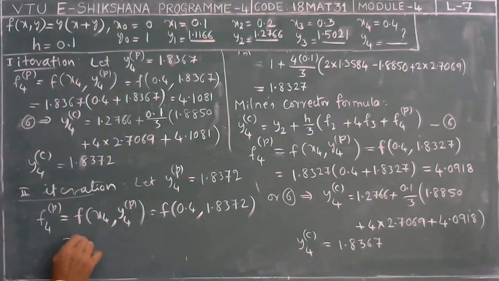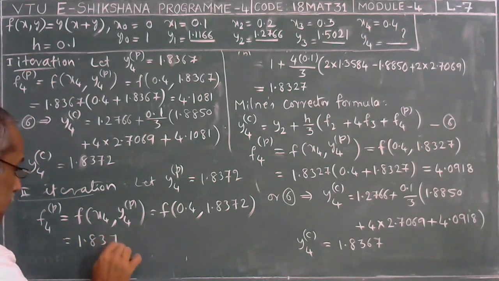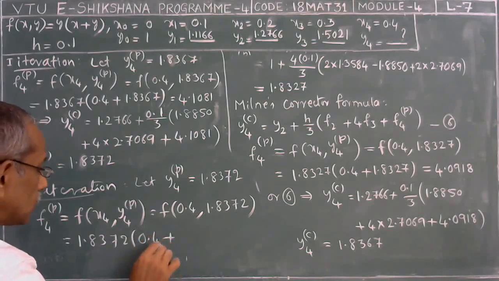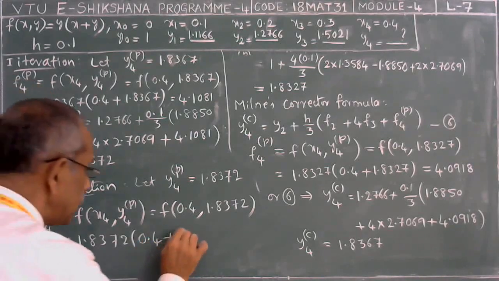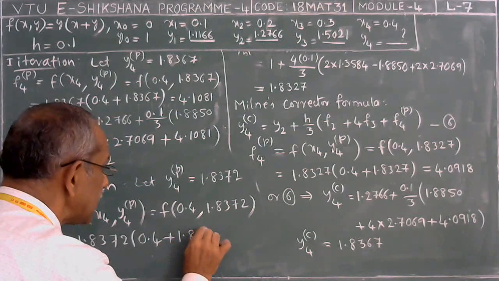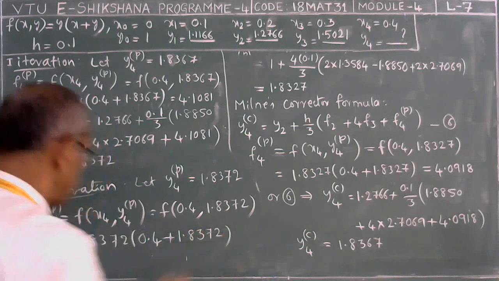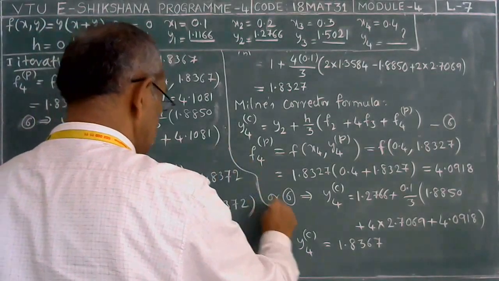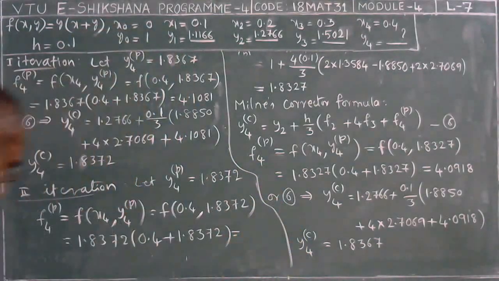Apply the definition. This is 1.8372 into (0.4 plus 1.8372). If you carefully compute, f4p will be in this case 4.1101.